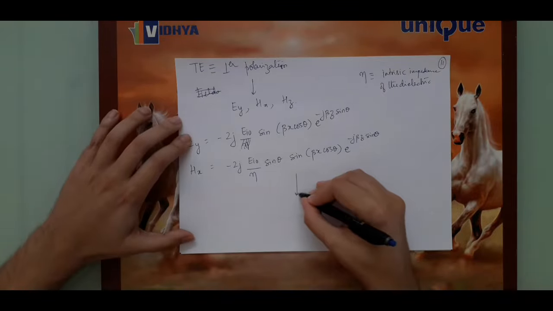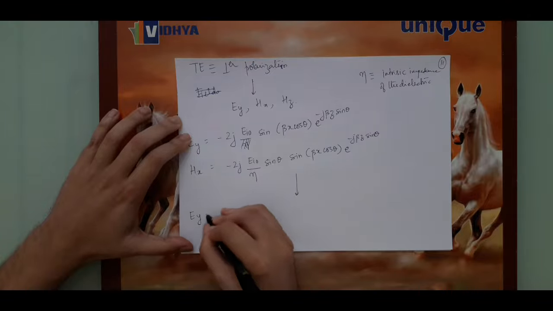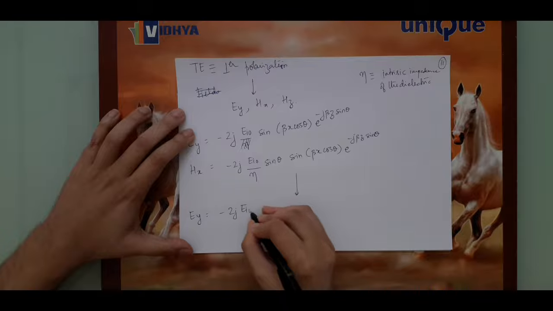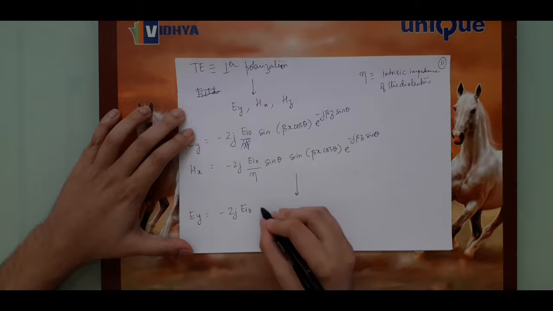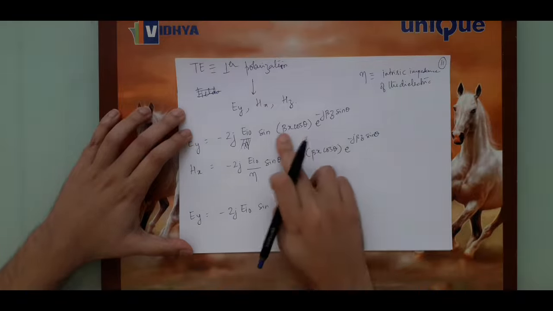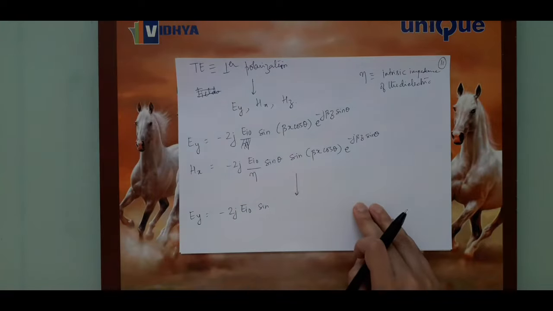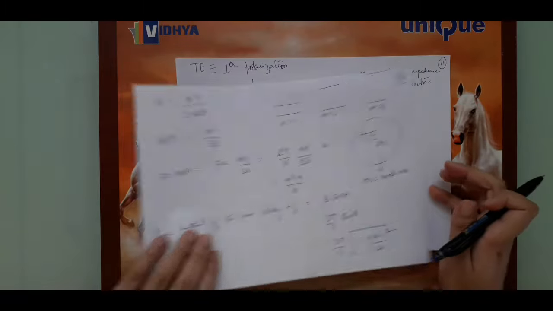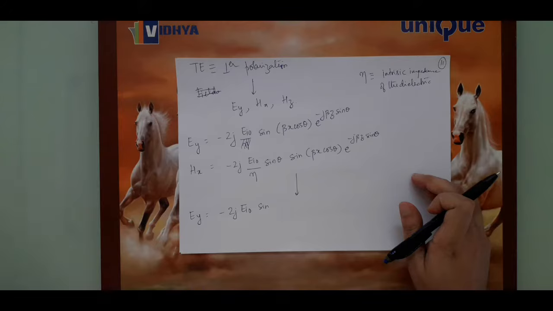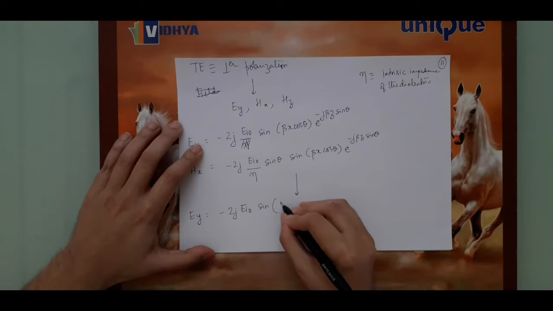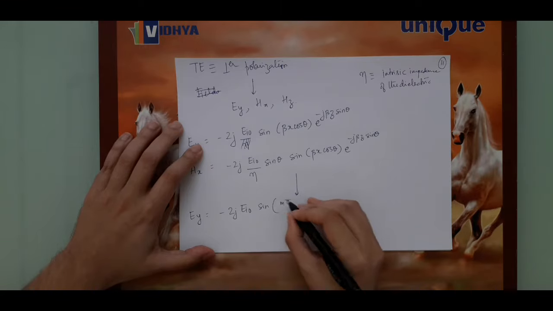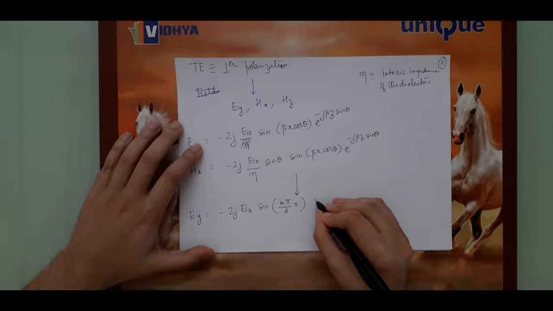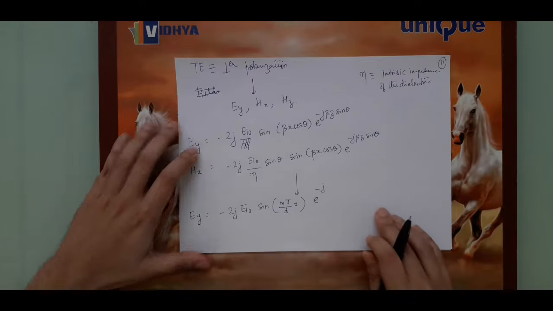I can rewrite the Ey this way: minus 2j Ei0 sine of, we had already derived what beta x cos theta is. So beta x cos theta is this quantity, sine of m pi by d times x, times e raised to minus j.